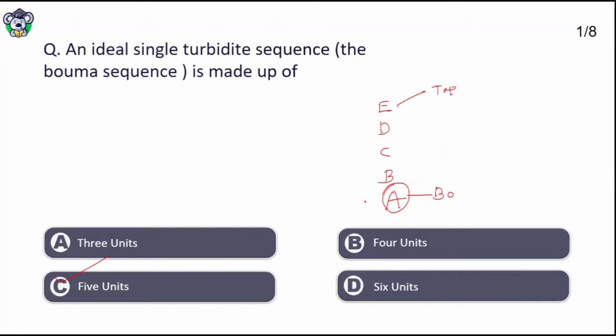Okay, this bottom unit is deposited during high flow energy and this top unit is deposited during low flow. That means suspension sediments. Those are deposited by the flocculation method. And this E top layer accommodates mudstone beds.